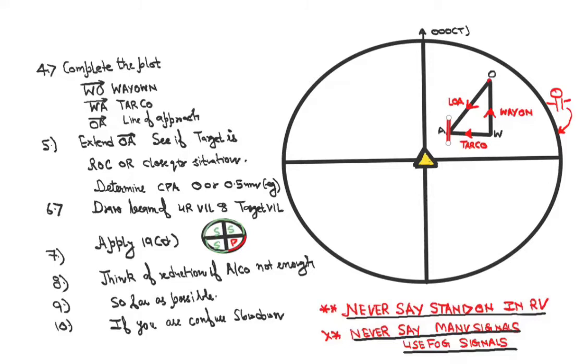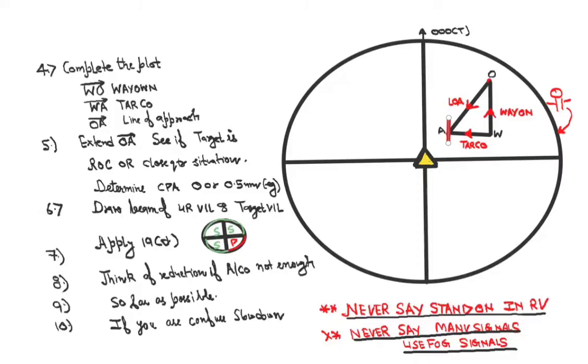Then the seventh step will be to apply 19D. I made a diagram here also, and I have already told you that in that diagram, for a vessel forward of the beam, you cannot go to port. So obviously you will go to starboard in that sector which is forward of your beam. Abaft of your beam, or if the vessel is at the beam, you will not alter towards the vessel, so you will go to the opposite direction.